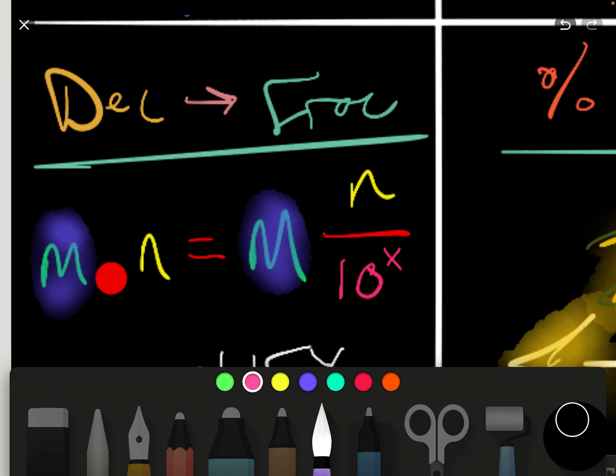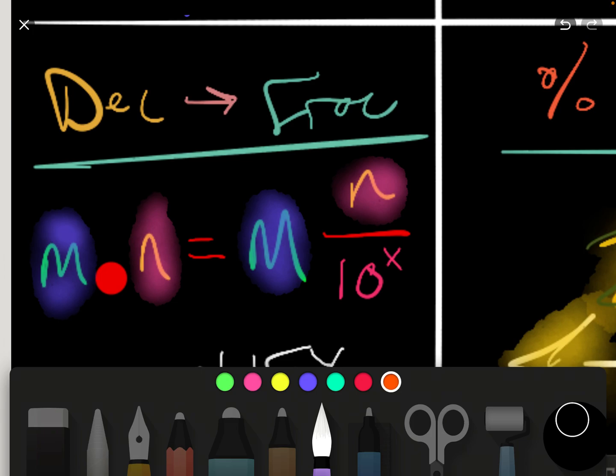Whatever number is to the right of your decimal goes on top of your fraction, and your denominator is going to be some power of 10, right? 10, 100, 1,000, whatever the case may be, based on the number of place values to the right of the decimal.